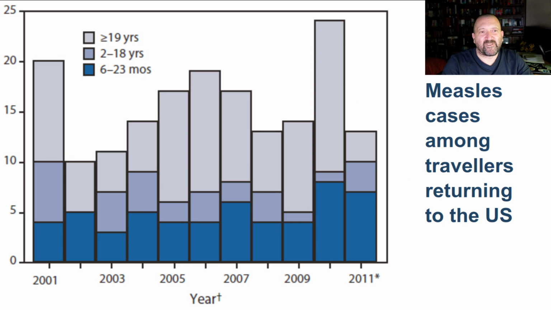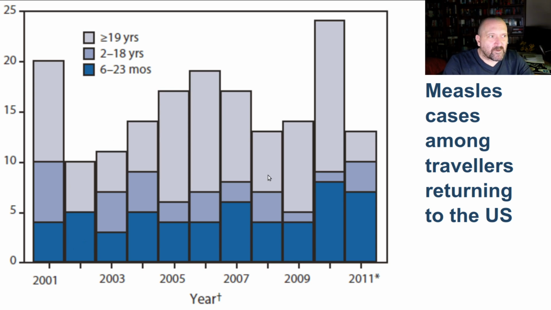Okay, so this is an example of data in the US, showing the number of measles cases among travelers returning to the US as a function of the year in which this happened.